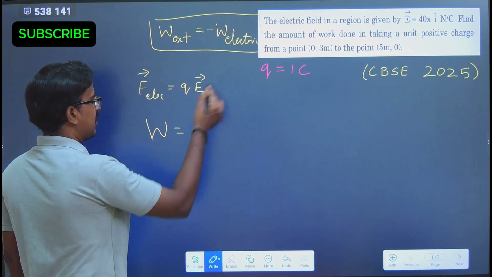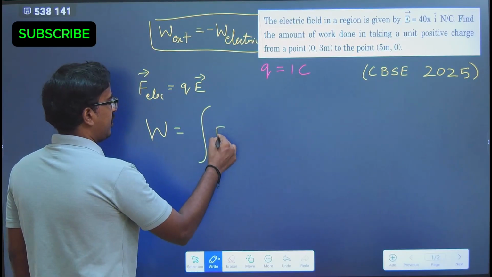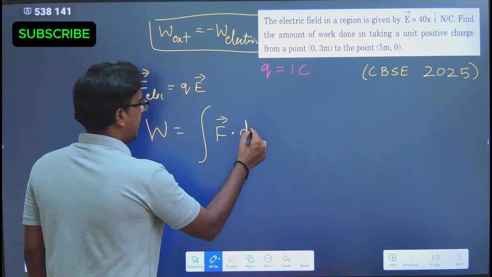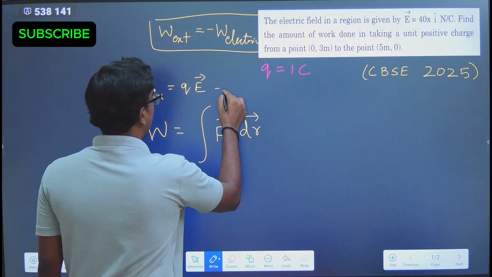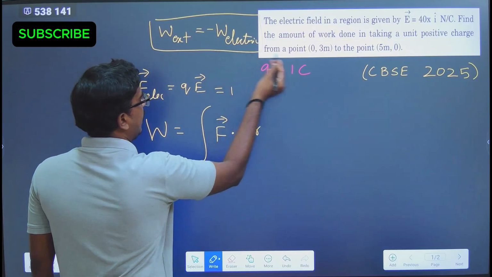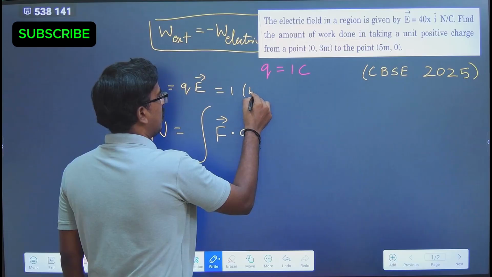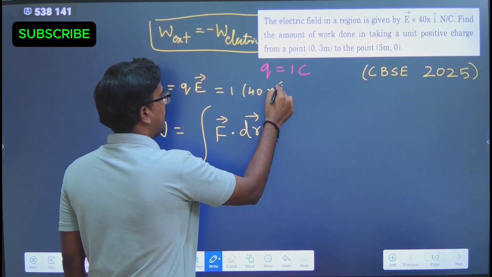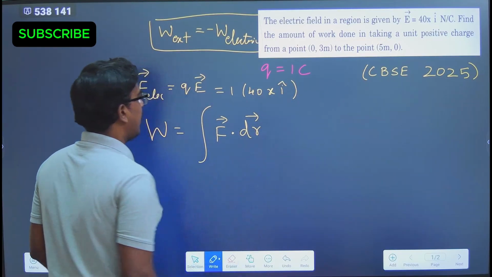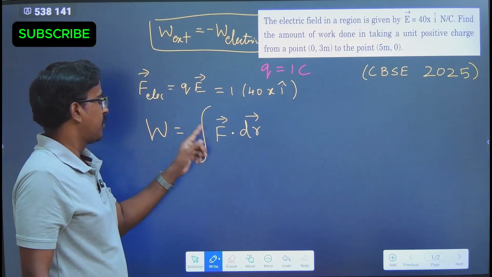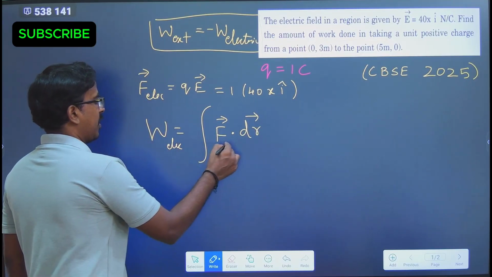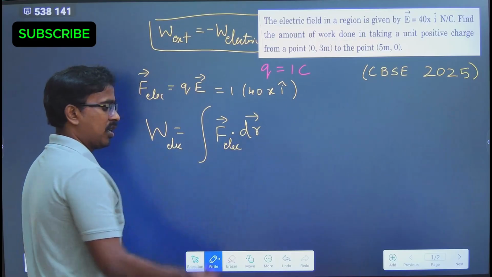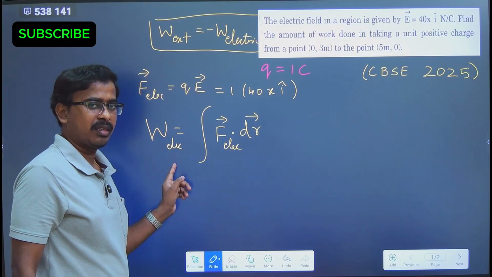Non-uniform force is given, so what you need to do is F vector dot dr vector. So how to find the F vector? Charge is 1 and the electric field they have given is 40x i cap. So this is going to be my electric force. As I am using electric force, it is the electric work done.